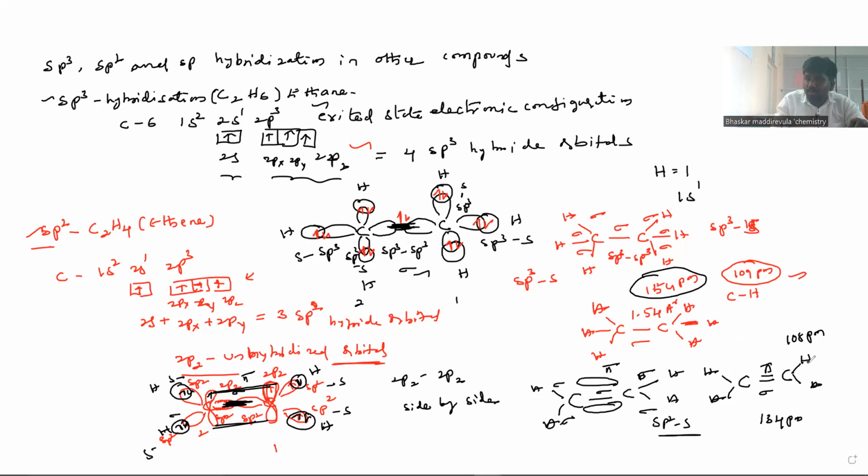So always, if the carbon is sp2, the sp2 carbon hydrogen bond length is 108 picometers. And here you can see two types of bond angles.